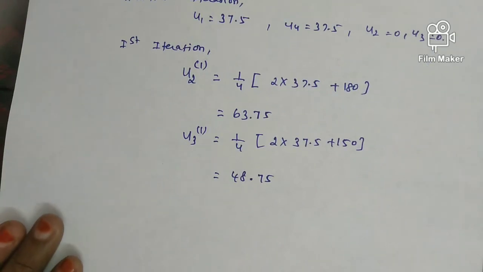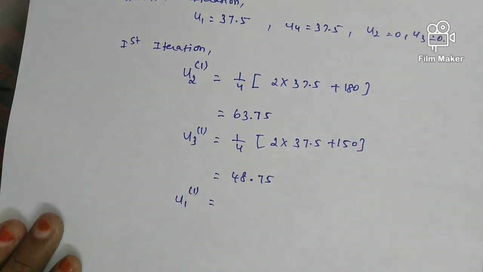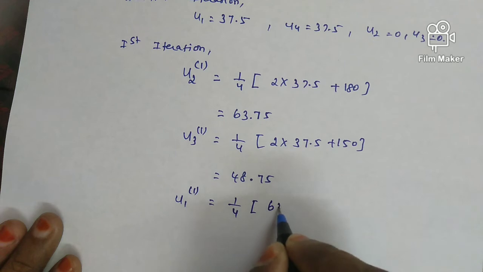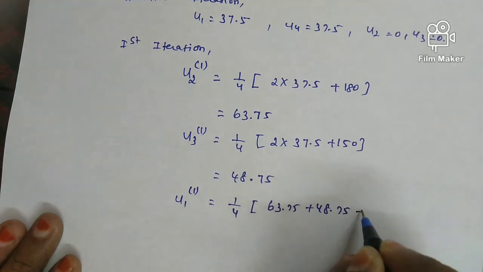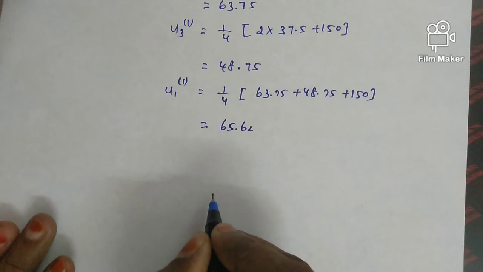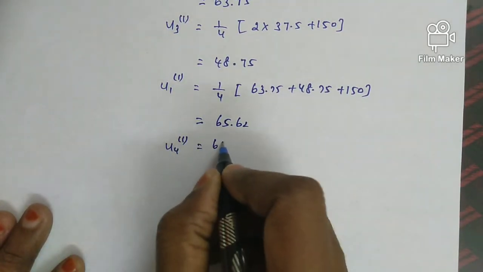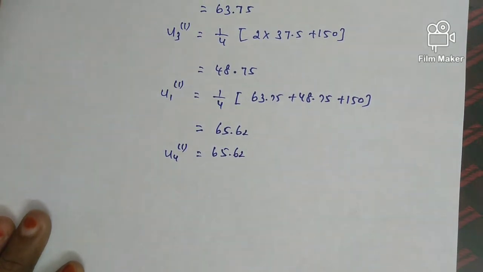Here applying the values of u2 and u3, we get u1 of 1 equal to 1 by 4 (63.75 plus 48.75 plus 150), that is 65.62. u1 of 1 is the same as u4 of 1, because u1 equal to u4. So this is our first iteration value for all 4 points.